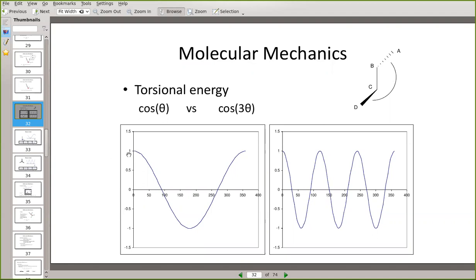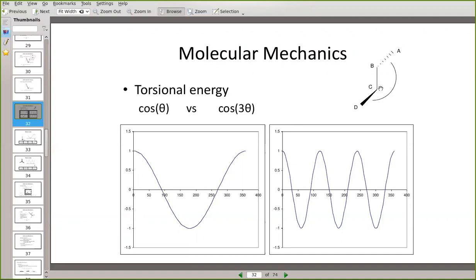Just imagine you've got 4 atoms like this and there's nothing else. If you rotate around this torsion angle, Newman projection, if you rotate D around, at some point it will interact with A, and for the other 360 degrees it won't. There'll only be one maximum, and so the energy profile will look like this.